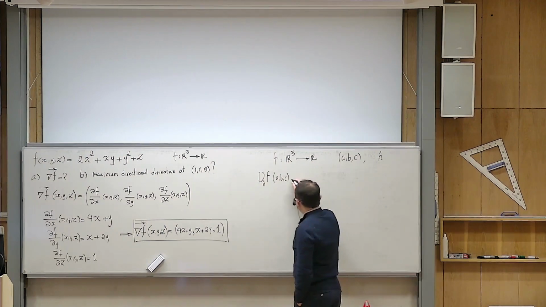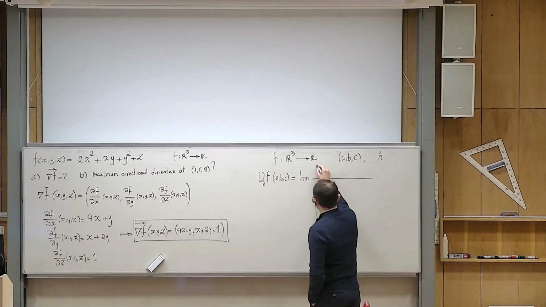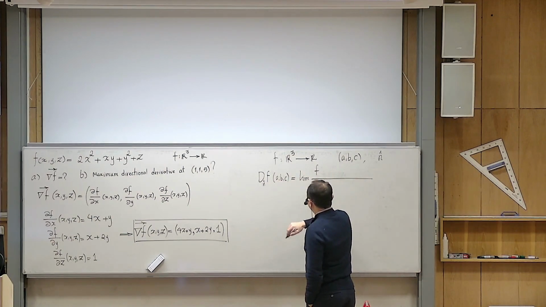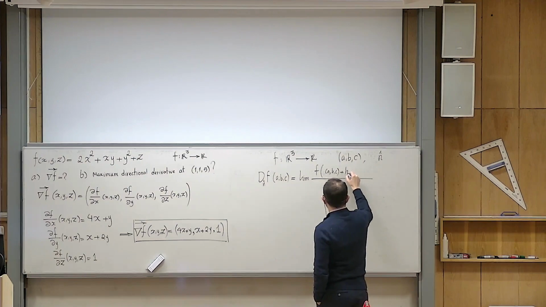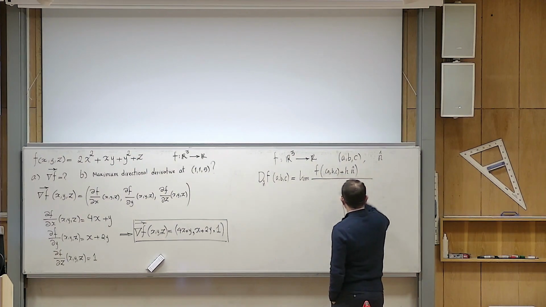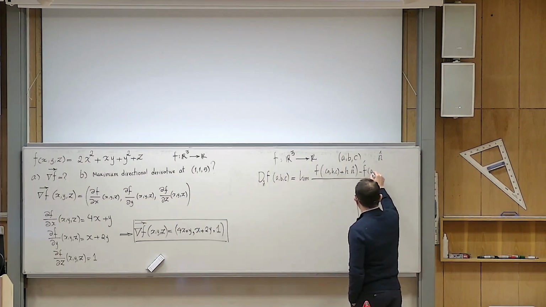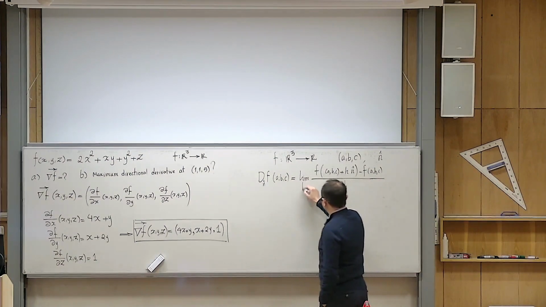And then the definition is, of course, the limit of f at that point. So this is the point A, B, and C plus h multiplied by that unit vector n, minus f of A, B, and C, and then divided by h when h goes to 0.